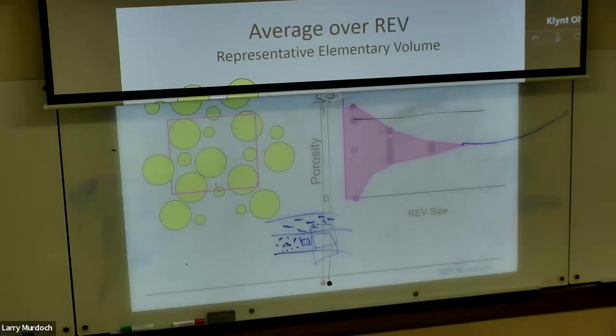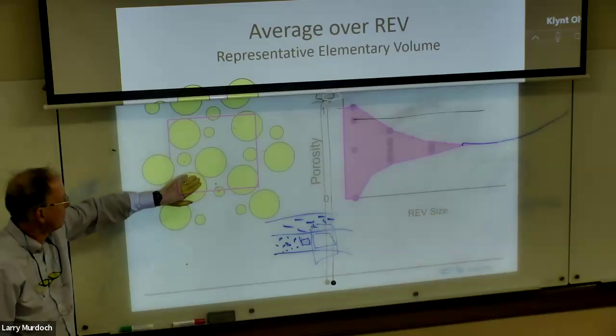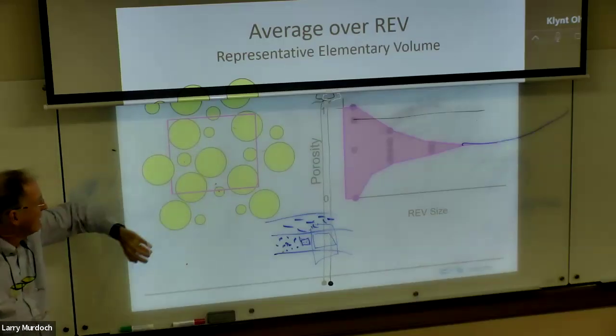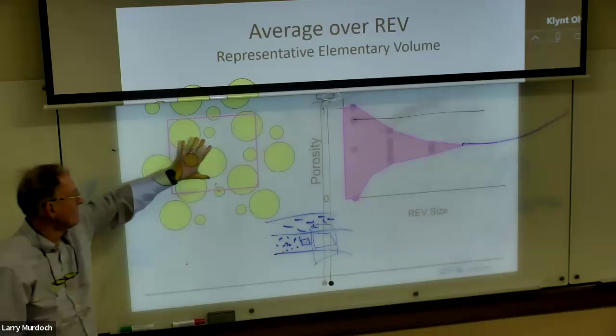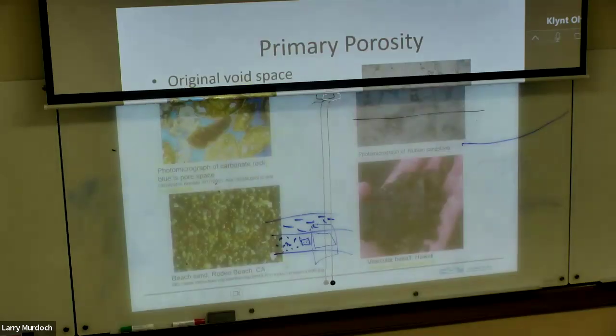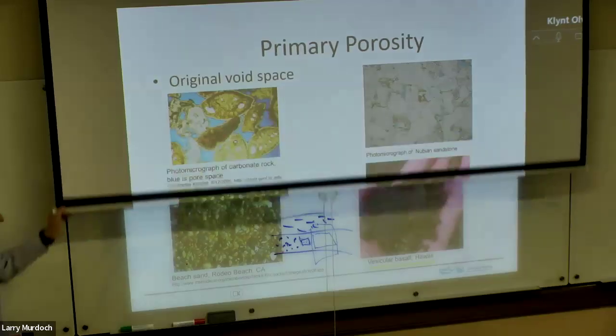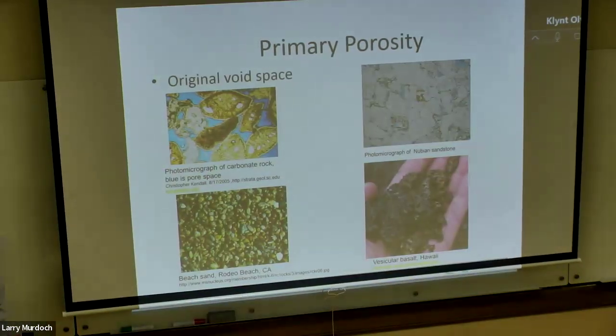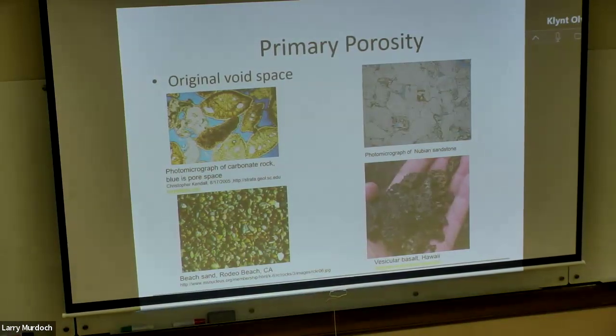But within that limit, what we can do is take this complex mixture of solids and pore space and average it out to give us just a single term. So that's going to be really a key concept, because without that, analyzing flows through porous media would be a lot more difficult.